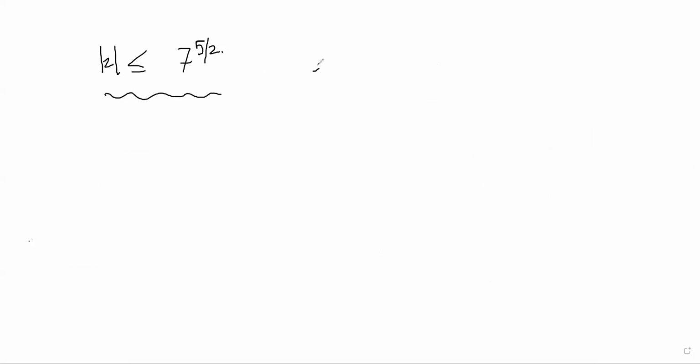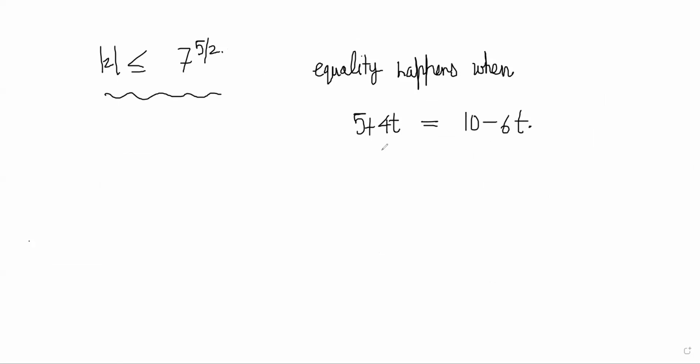And the equality happens when the quantities which were used in AM-GM, 5 plus 4t, should be equal to 10 minus 6t, right? That time the equality can happen. So this means basically that 10t is equal to 5 or t is equal to half, right?